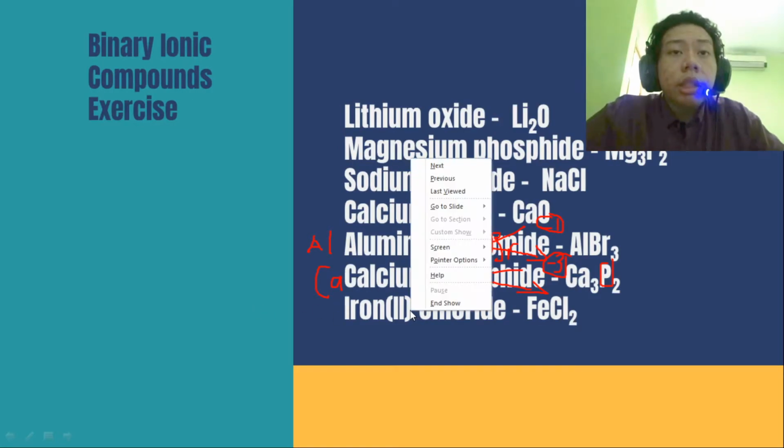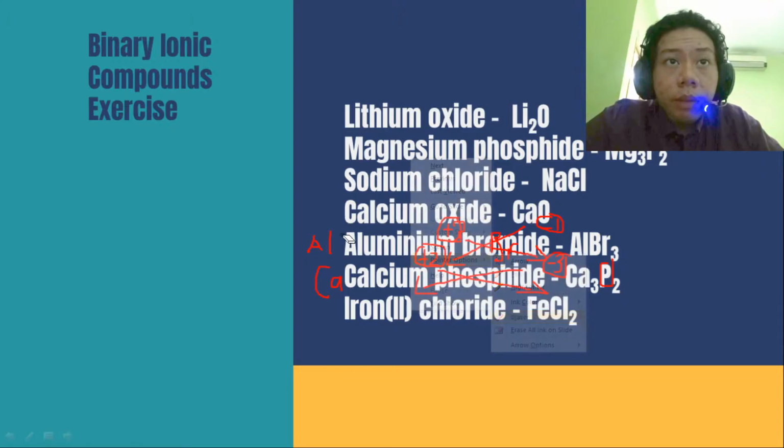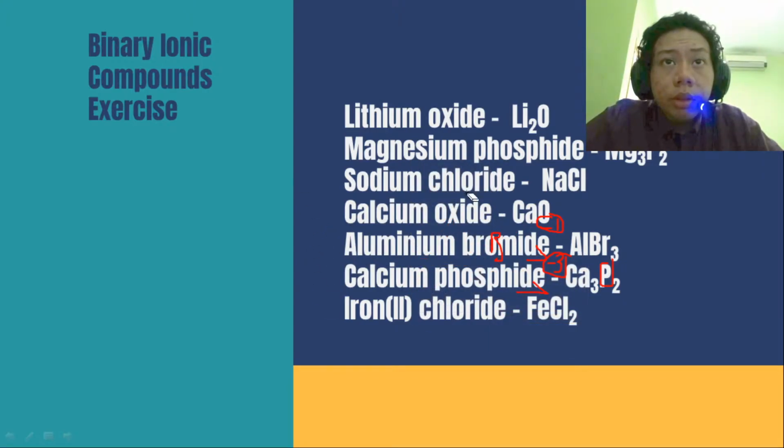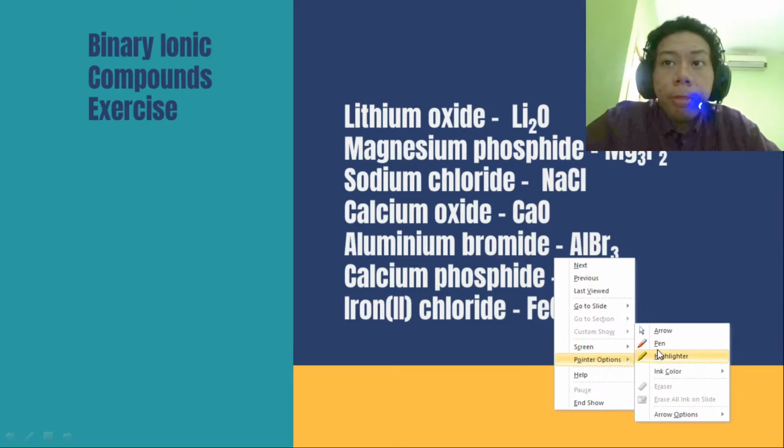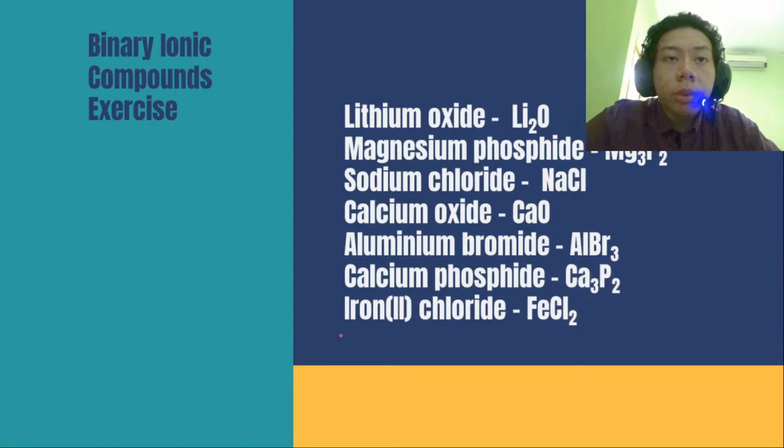Okay, last question. Let me erase this. We got iron 2 chloride. Iron 2 means that the iron or Fe has +2.